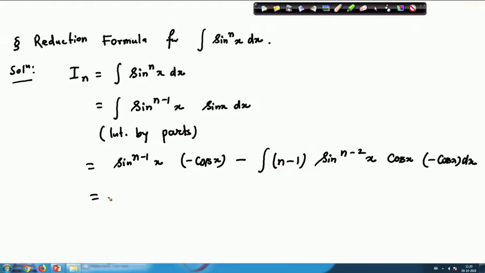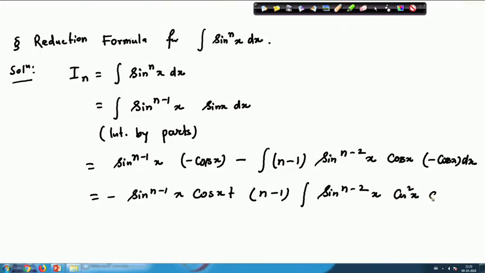So this can be written as minus sin n minus 1 x times cos x, minus of (n minus 1), and minus and minus will turn into plus, and then this will be sin n minus 2 x times cos square x dx.